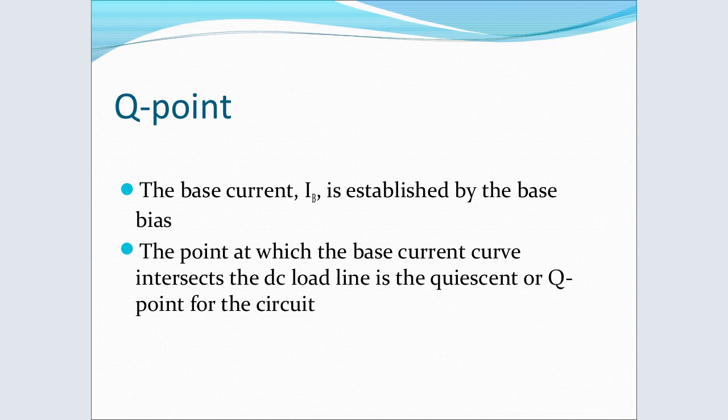We don't want a scenario where a fluctuation on the input terminal shifts the whole transistor operation into a different mode. So it's basically a point that ensures stability in our transistor operation.